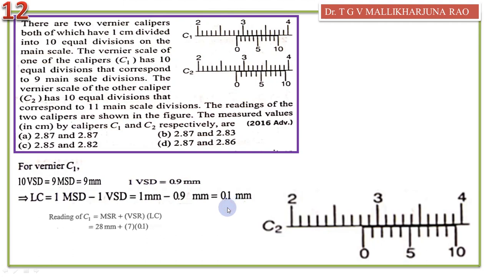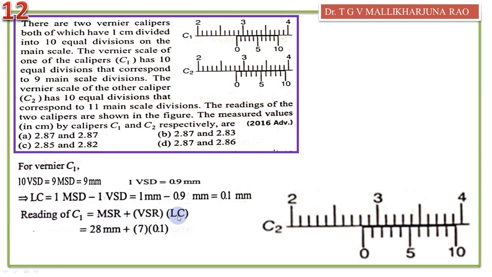For the reading of C1, we have the general formula MSR plus VSR into LC. Here look at this figure. This is the vernier scale, this is the main scale. Here the 0 of the vernier scale has crossed the 2.8 centimeter reading. That means the MSR is 2.8 centimeter or 28 mm.